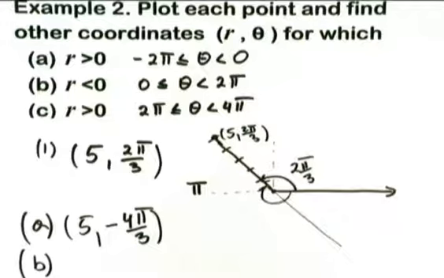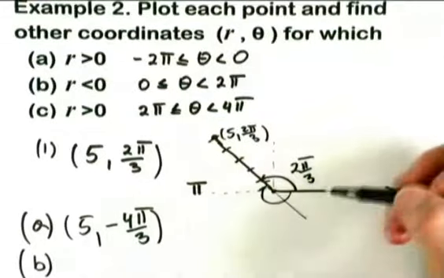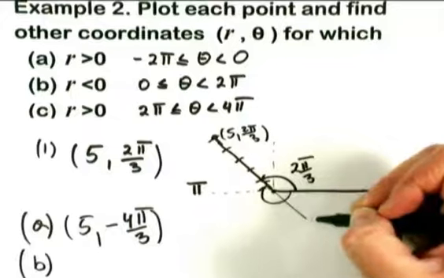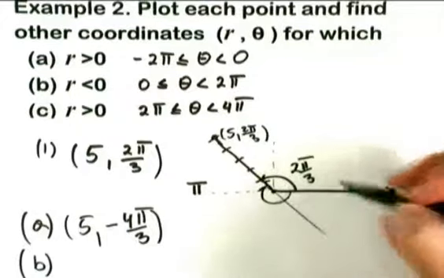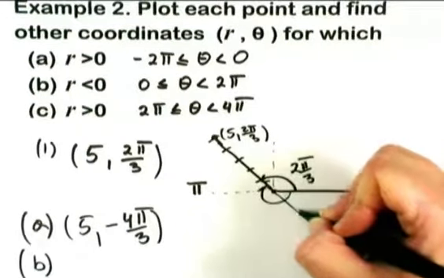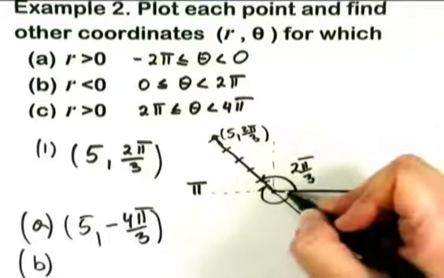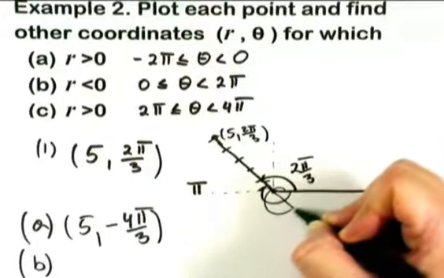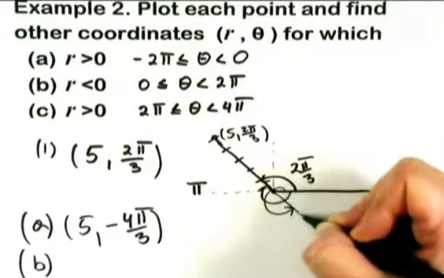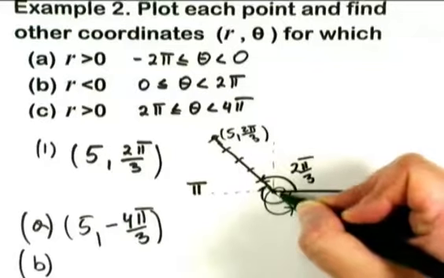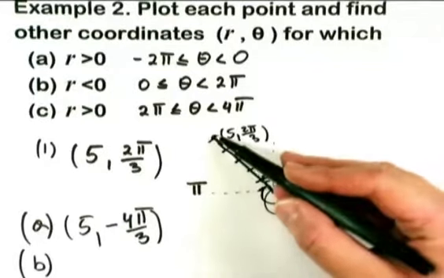The positive angle will be right here, this angle. We need to start with the positive direction up to this angle. That's a positive angle, and now we're going in the negative direction, so we would go to this point.